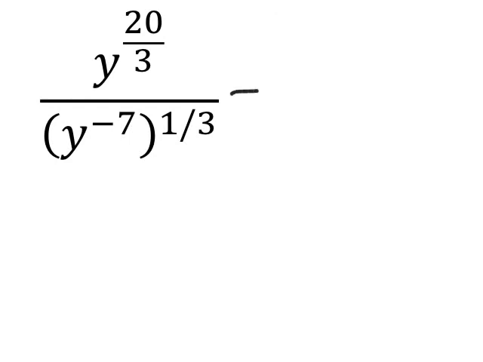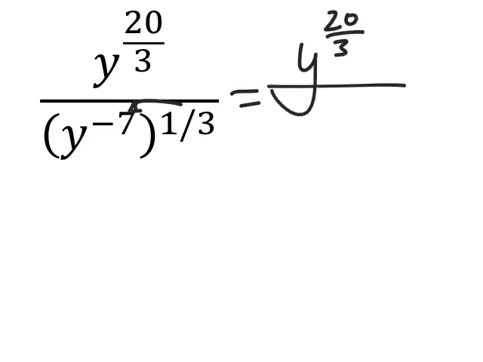What we have here is, the first thing I'm going to do is use the exponent property to distribute that 1/3. What that's going to do is give me a y to the 20/3. That's the numerator. But distributing this 1/3 in here gives me y to the negative 7/3. And that's important because since we have a negative exponent, we want it to be positive.